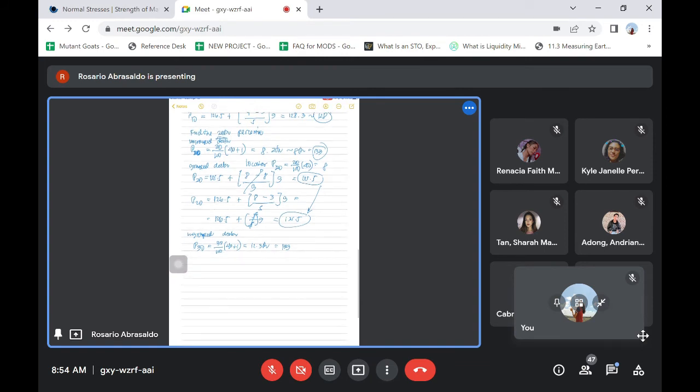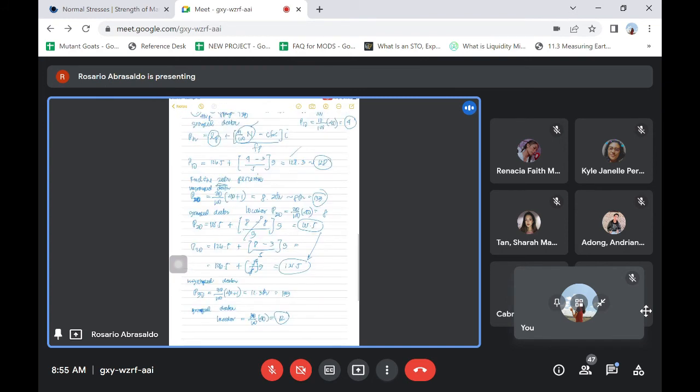Okay. So, ang locator na ito for group data. So, first, ang locator. So, that is 30 over 100 times 40. That is 12, no? So, dito balik.